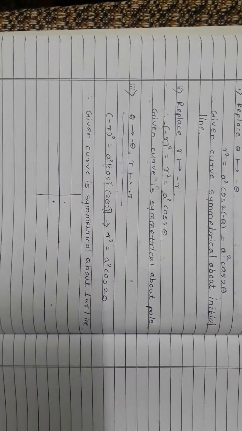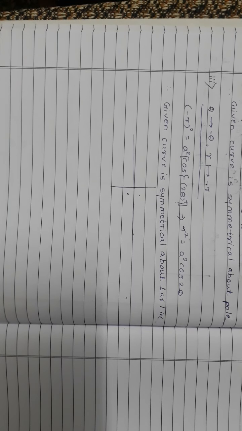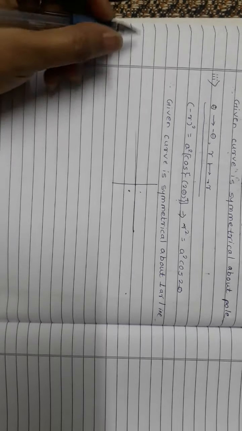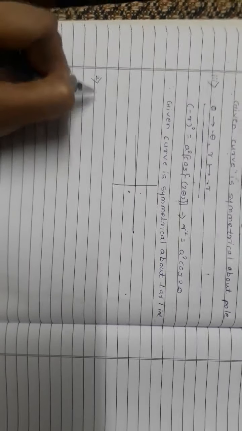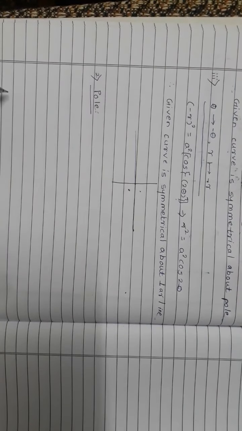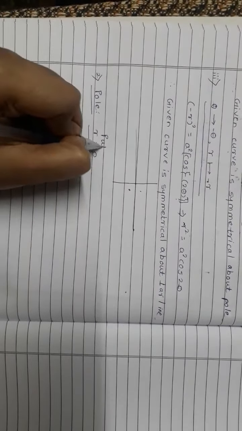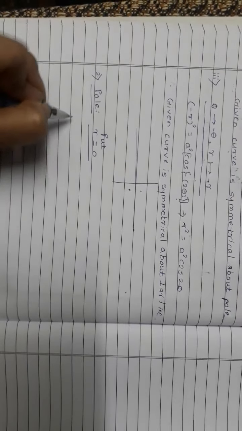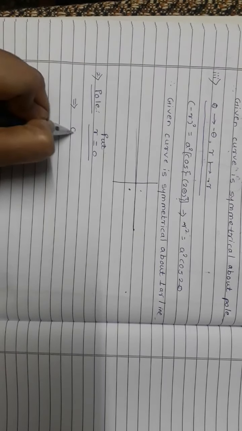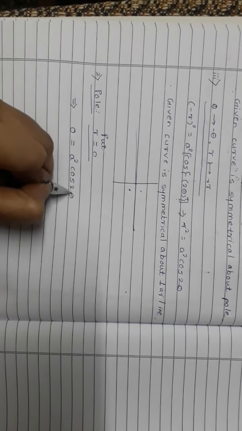Then the next point is whether the pole lies on the curve or not. That is the second point, the pole. To figure this out, straight away substitute r is equal to 0. When you put r is equal to 0, the given equation becomes 0 is equal to a square into cos 2 theta.